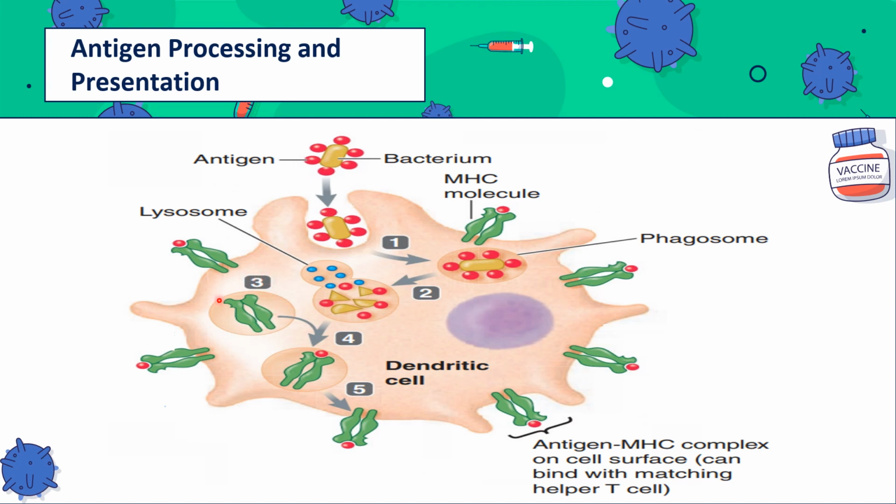The MHC molecule then fuses with the antigen to form the antigen-MHC complex, and finally the antigen-MHC complex is incorporated on the cell surface. So this is the antigen presenting cell processing the antigen and presenting it.